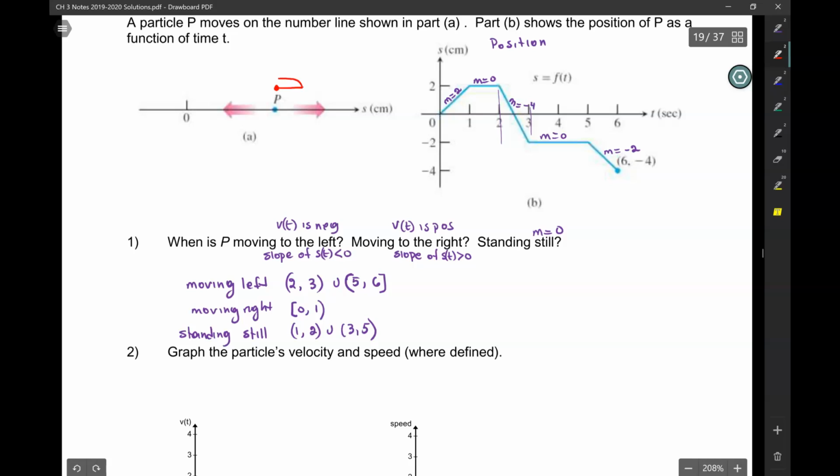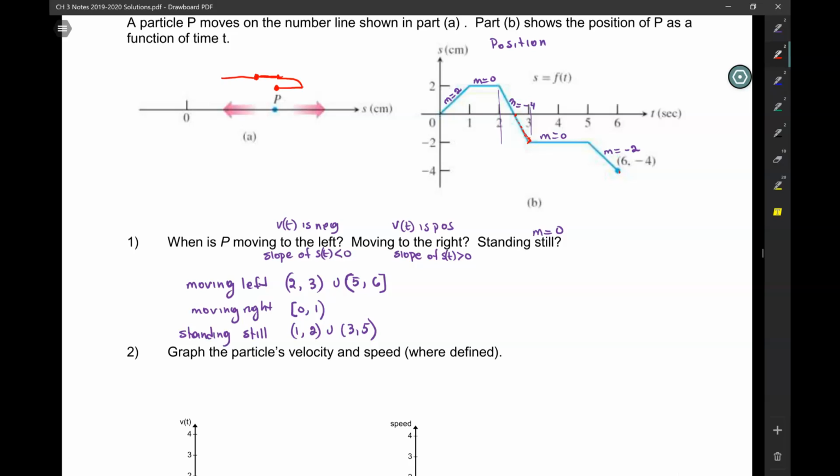At t equals 3, you see how the graph moves below? That means it crosses the border here. It's still moving to the left. Then at t equals 3, it stops. 2 seconds go by, it's standing here, it's thinking. Then it goes further this way. How cool is that? Super cool, huh? Okay.